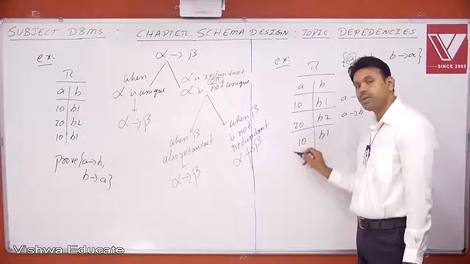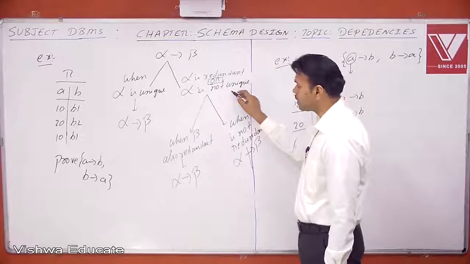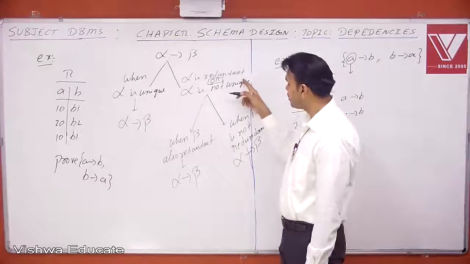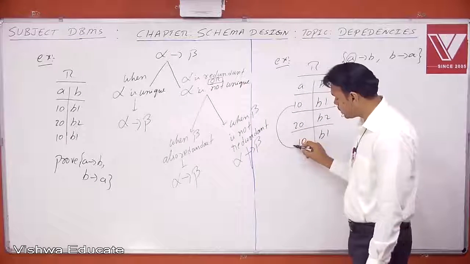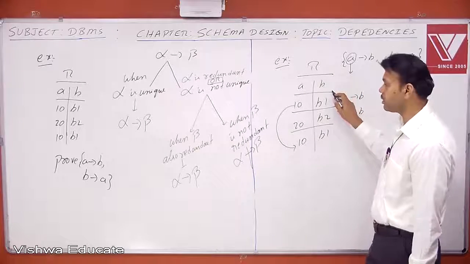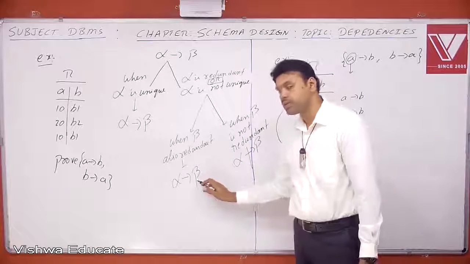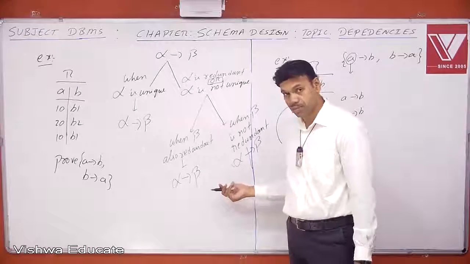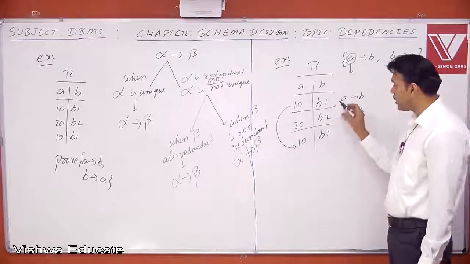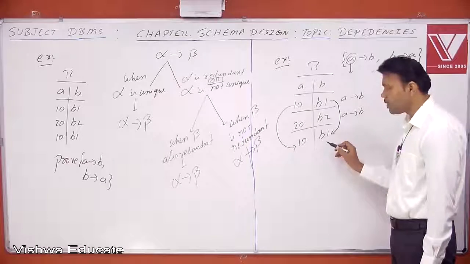And the next tuple, A value 10: is it redundant or non-redundant? It is redundant. When alpha is redundant, its beta is supposed to be duplicated. When beta is also redundant, I can prove alpha tends to beta, otherwise alpha does not imply beta. Here 10 is repeated, hence its B value is also supposed to be repeated, and luckily it is.